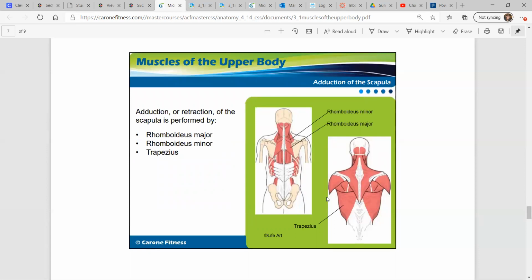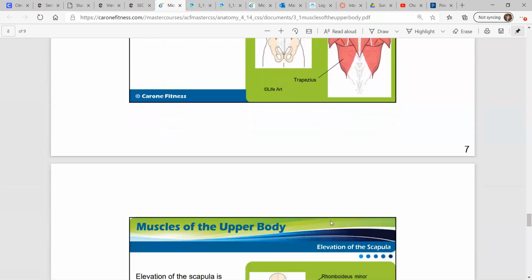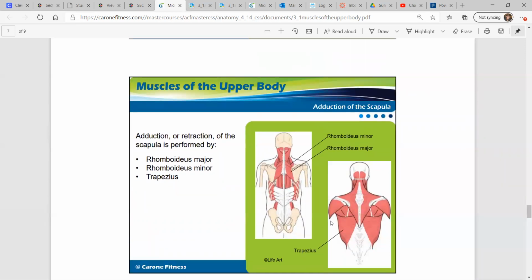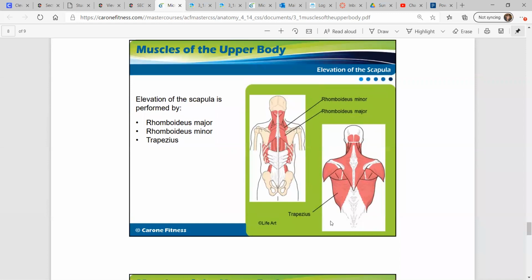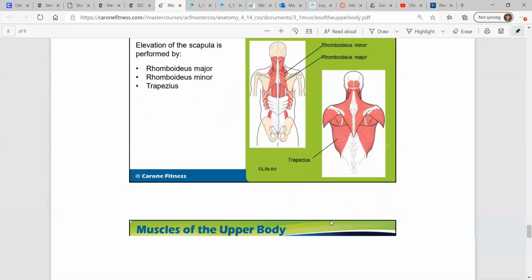Adduction or retraction of the scapula is performed by rhomboideus major and minor and the traps, or the trapezius. Elevation of the scapula is performed by the rhomboideus major and minor and the traps as well.